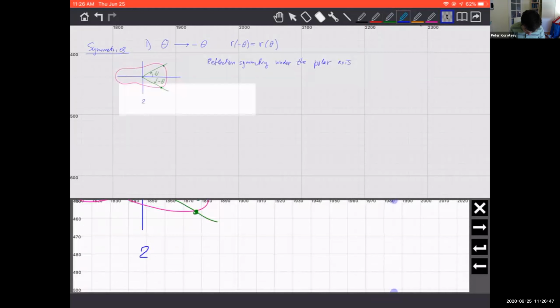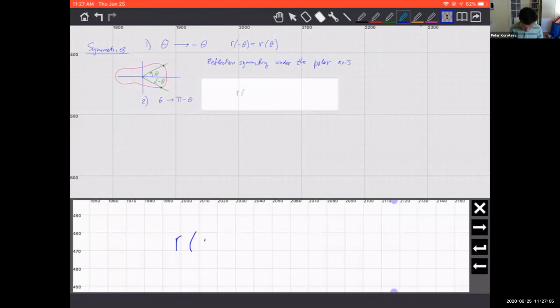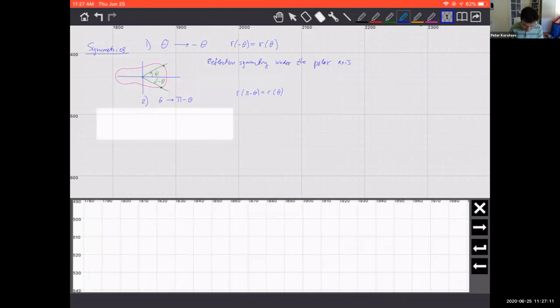Okay, second, there's the symmetry that we had in the cardioid. If theta goes to pi minus theta is a symmetry, in other words, r of pi minus theta is equal to r of theta, as was the case in the cardioid, then there's a symmetry relative to the y-axis. We don't actually use the y-axis in polar coordinates, but it's a kind of vertical.